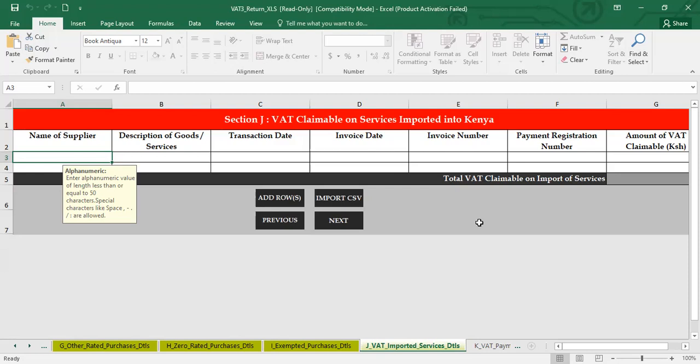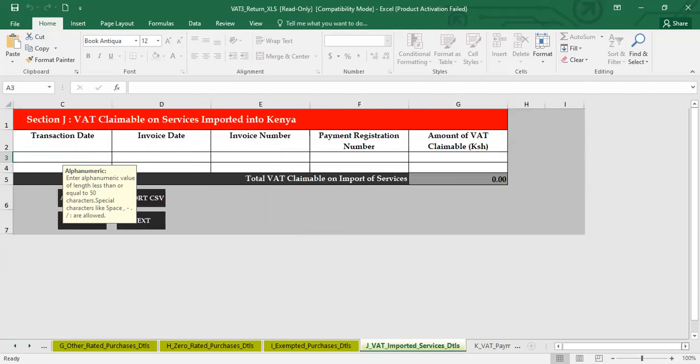You see the name of the supplier, description of goods and services, transaction date, invoice number, and registration number, which starts with KRA. Then you put the amount of VAT claimable.